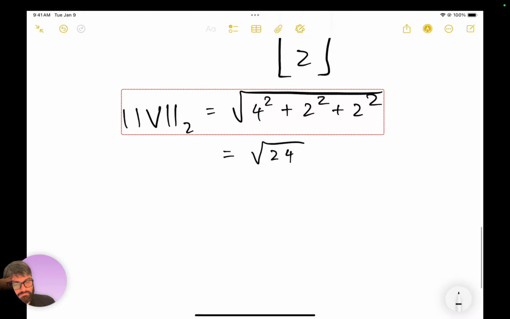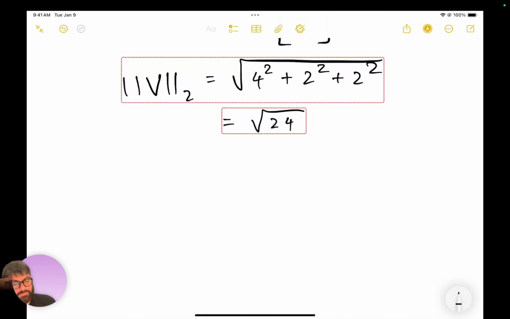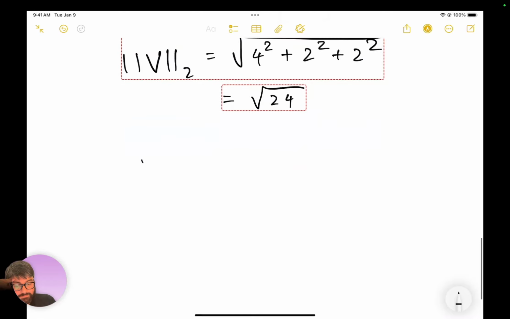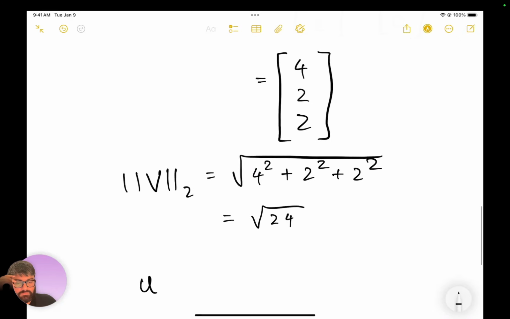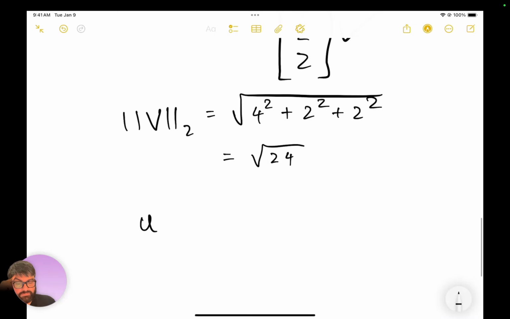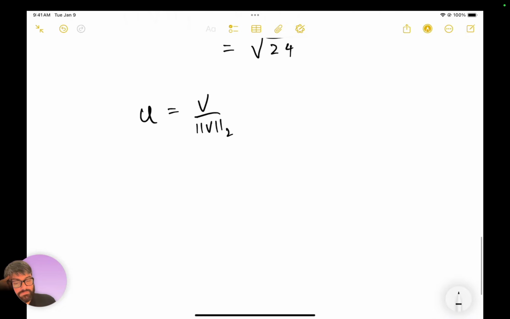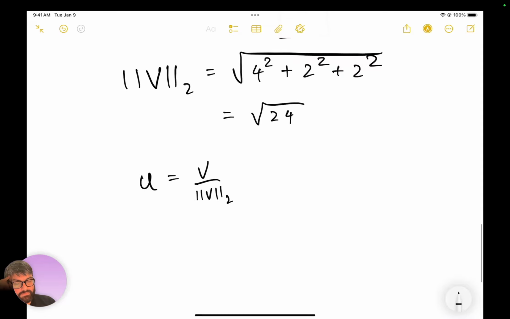So U, which is what you need for the next step, is essentially the vector V, this one over here, normalized. So U is equal to V over the norm of V. Very straightforward. So essentially, that means it's 1 over root of 24 times 4, 2, 2.